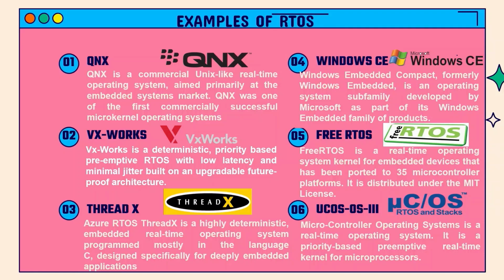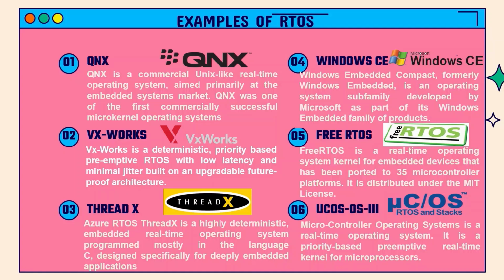Azure RTOS ThreadX is a highly deterministic embedded real-time operating system programmed mostly in the C language, designed specifically for deeply embedded applications. Next is Windows Embedded Compact, also known as Windows CE, formerly Windows Embedded, an operating system subfamily developed by Microsoft as part of its Windows Embedded family of products.